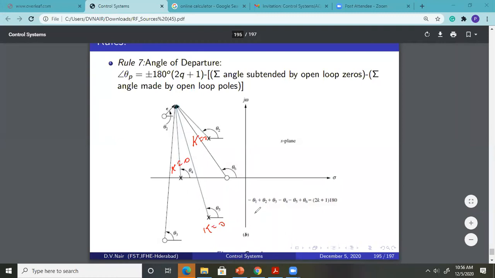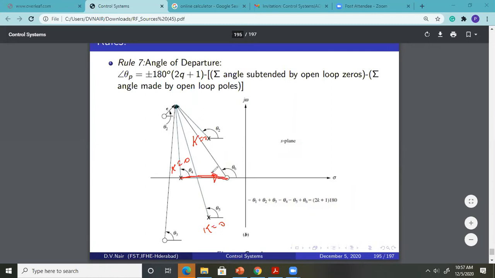Now, which part of the real axis lies on root locus? On the right hand side of this zero, there is no open loop pole or zero. So none of these points on the real axis lie on the root locus. Only the region between this zero and this pole lies on the root locus. So the branch that originates here will terminate here.